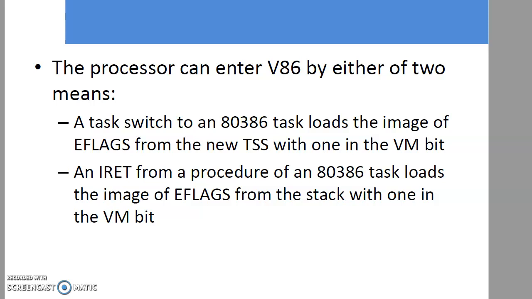So either there can be a task switch with VM bit 1, or there can be an interrupt return from a procedure with VM bit 1. In either case, VM bit has to be 1 in the E flag register, and either you can have a task switch or you can have an interrupt return executed. In both cases, you can enter into virtual 86 mode of 80386.